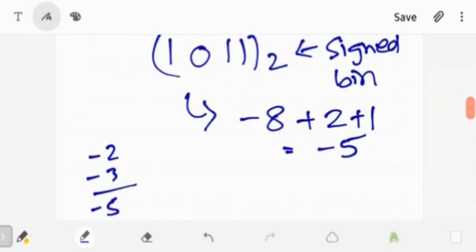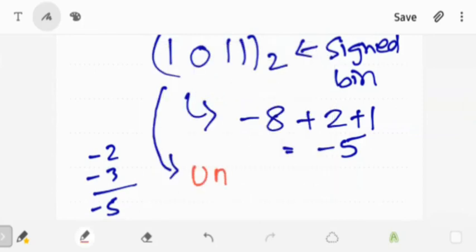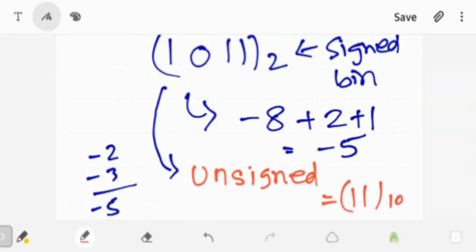If 1011 you would like to represent using unsigned bits, what would have been the answer? It is 8 plus 2 plus 1, that is 11 in decimal.